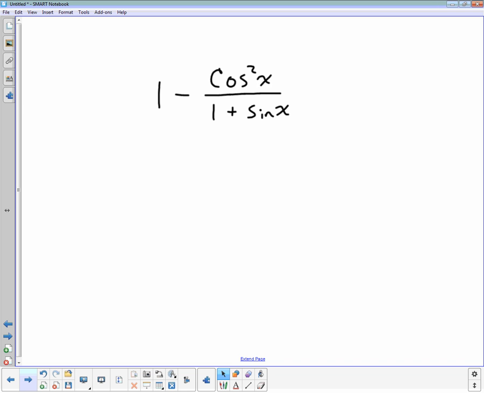Common denominator, absolutely. Get your common denominator, turn this into a single term rather than something minus something.